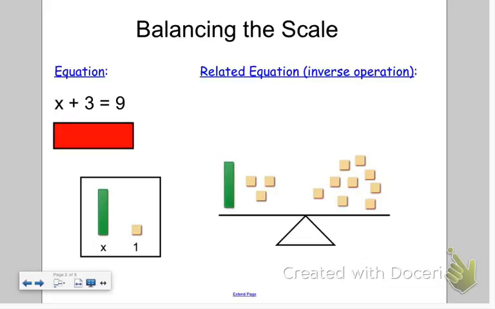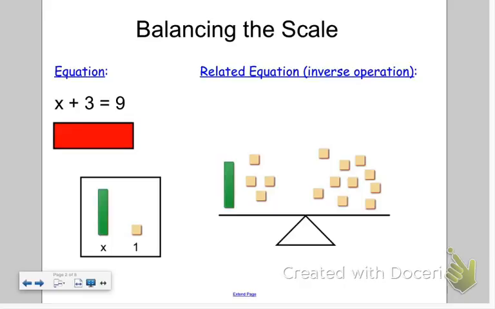What we can do is use the idea of our balanced scale to solve this equation. If we want to keep this scale balanced, we're going to have to do the same thing to each side. If I were to add an algebra tile here, then I'd have to add an algebra tile over here to keep things equal.